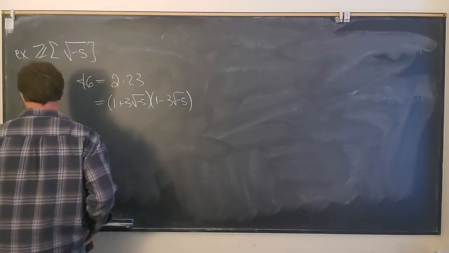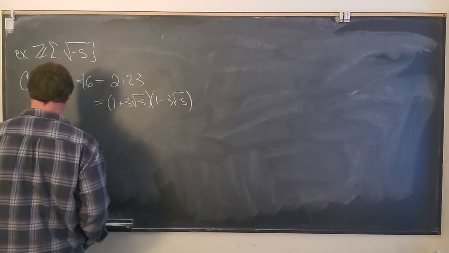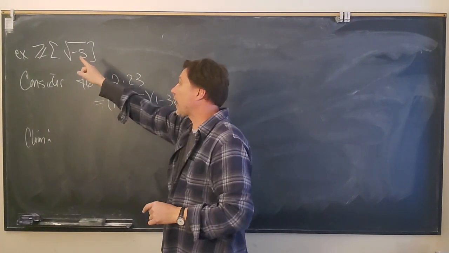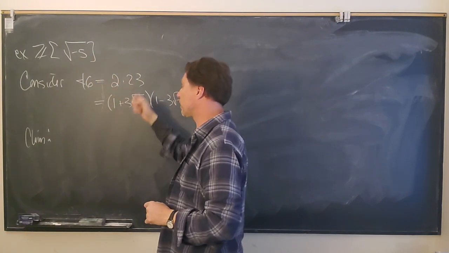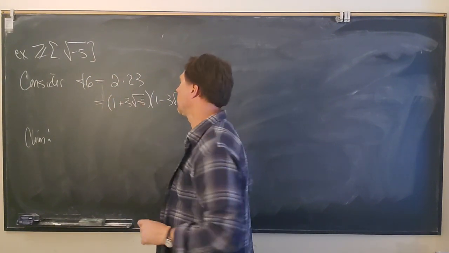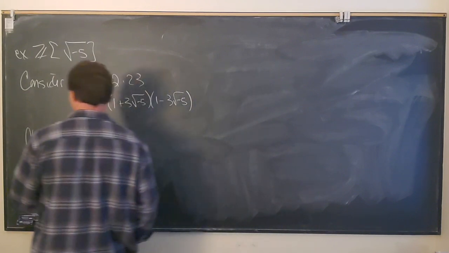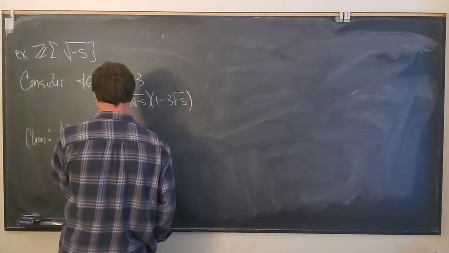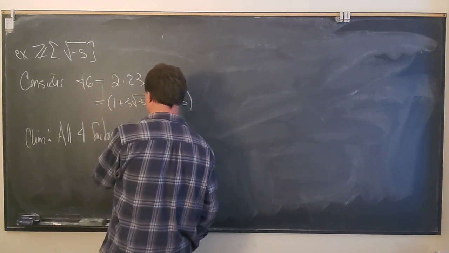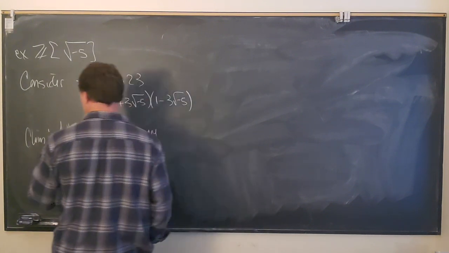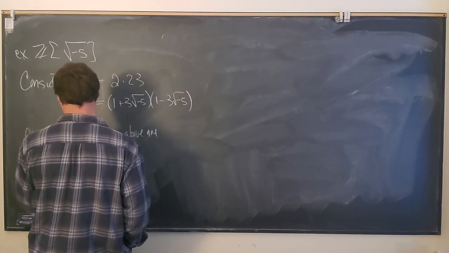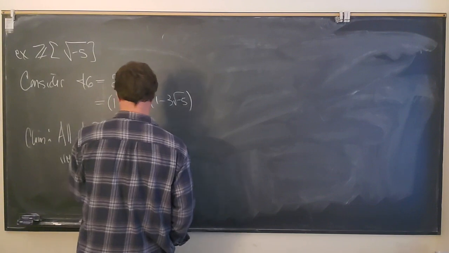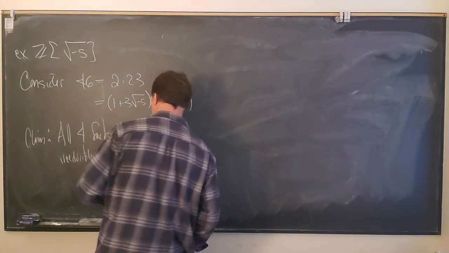So my claim is that all 4 of these numbers are irreducibles in Z bracket square root minus 5, right? 2, 23, and 1 plus or minus 3 square root minus 5. So claim: all 4 factors above are irreducibles in Z bracket square root minus 5.